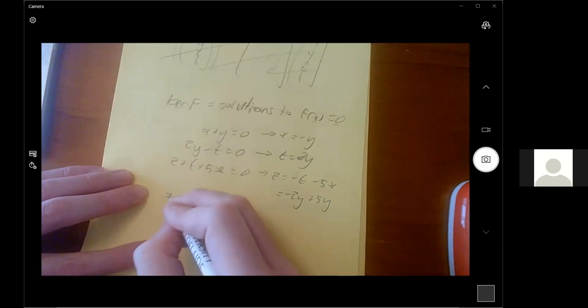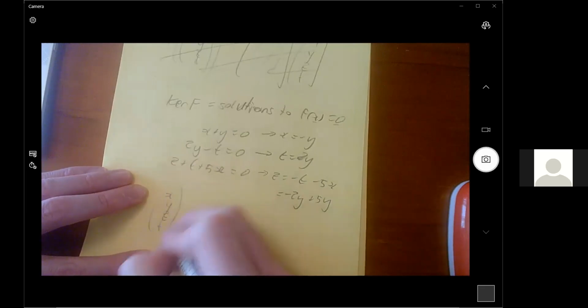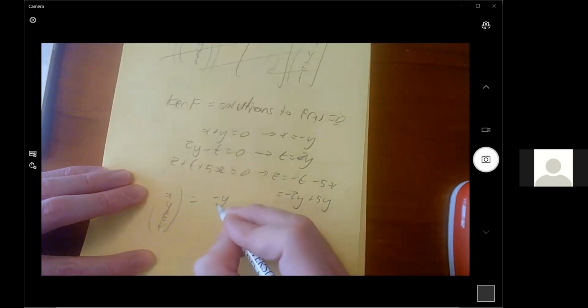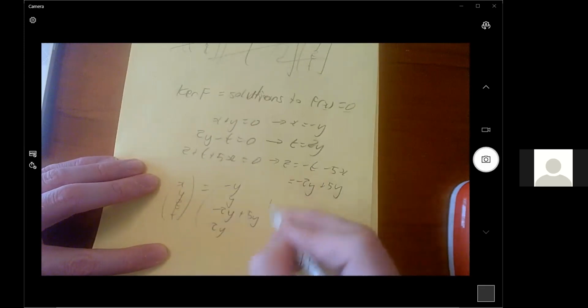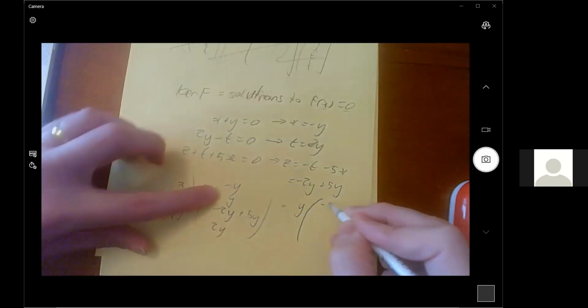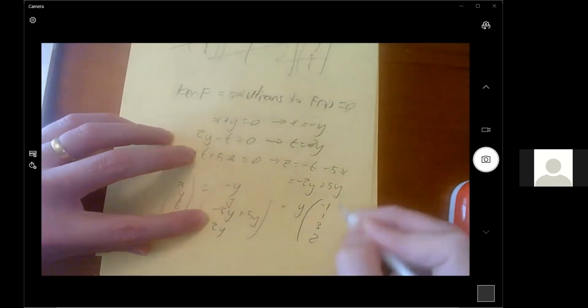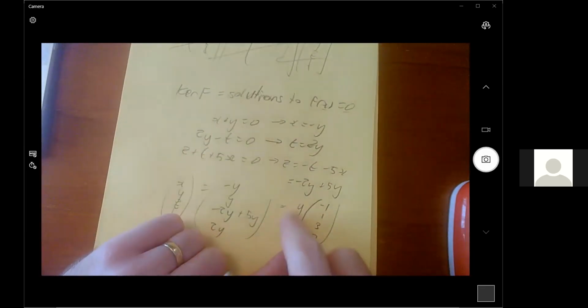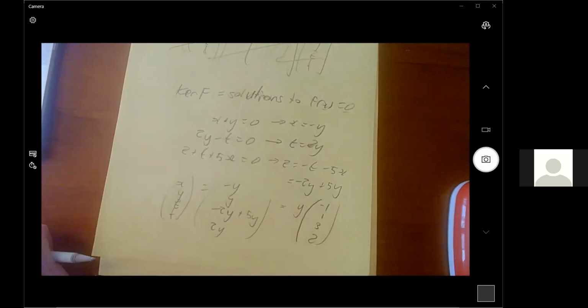And so we have that x, y, z, t is minus y, y, minus 2y plus 5y, 2y, which is y times minus 1, 1, 3, 2. And ta-da, we have a basis. So you can find a basis to the kernel without going via the matrix if it looked obvious.